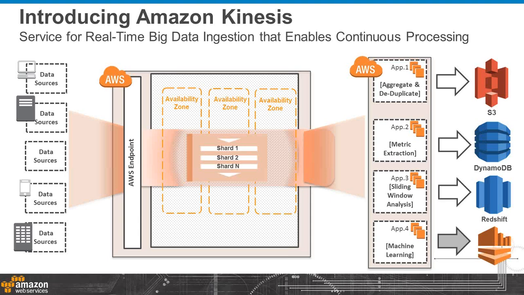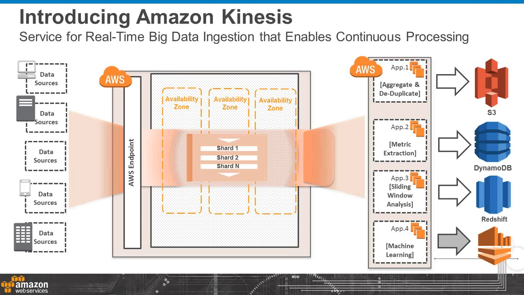One application could be simply deduplicating and aggregating the data before emitting it into a store such as S3. Another application could be extracting key metrics and driving a real-time dashboard, leveraging a service such as DynamoDB.